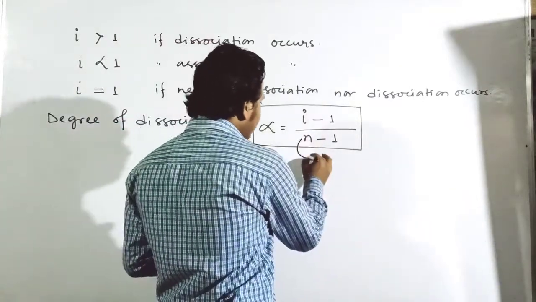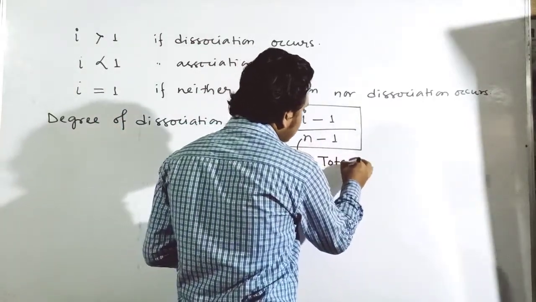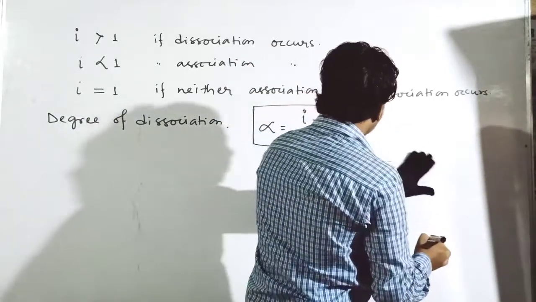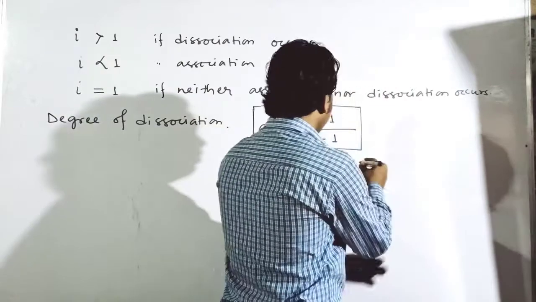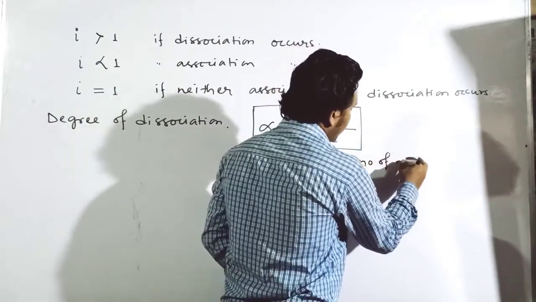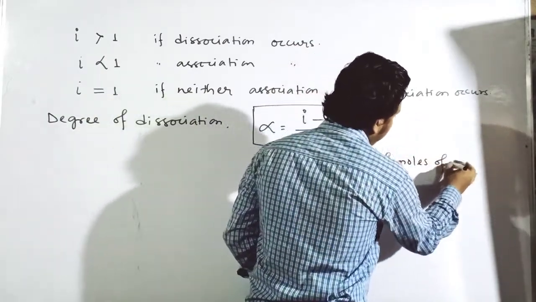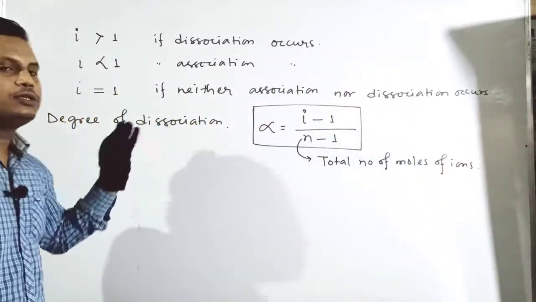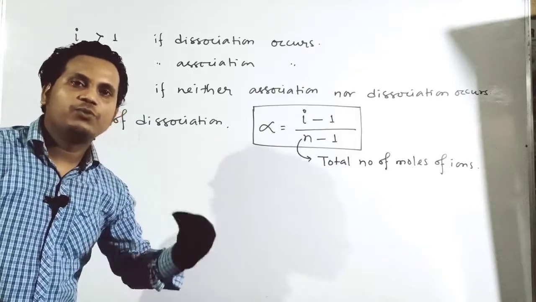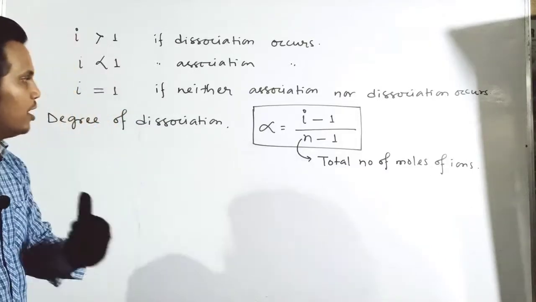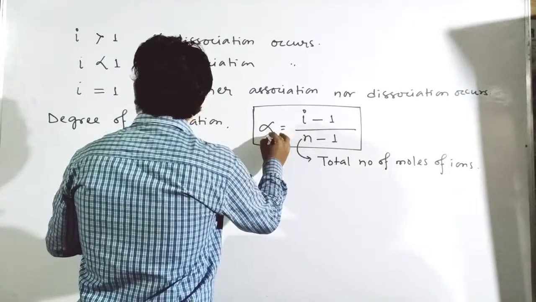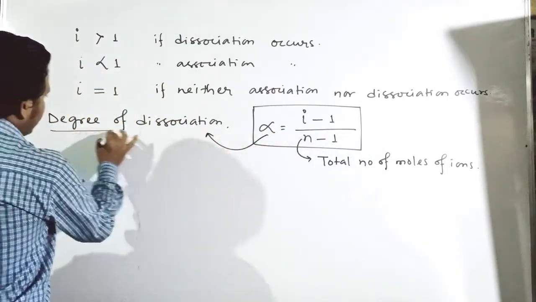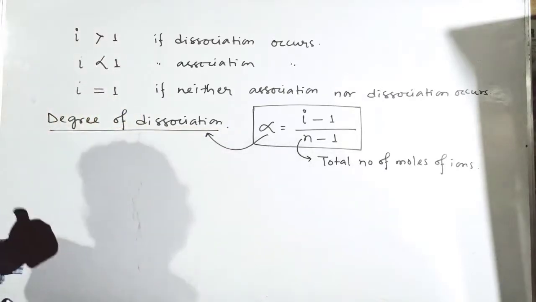What is n? N is the total number of moles of ions produced. Why? Because dissociation is there. Ionic compound will dissociate to form ions. What is alpha? Alpha is the degree of dissociation.